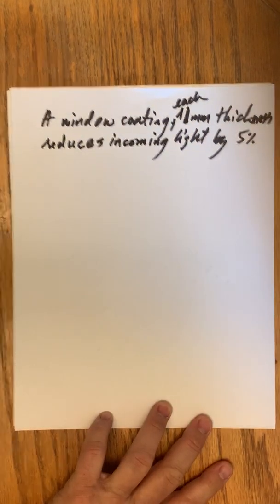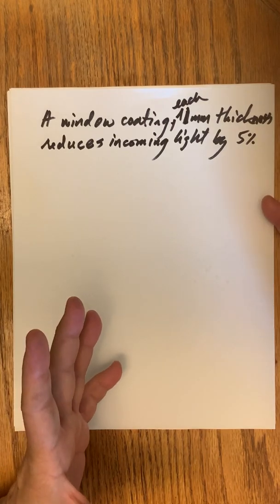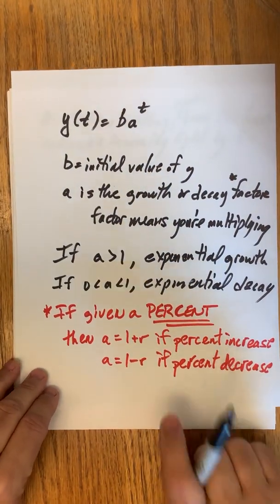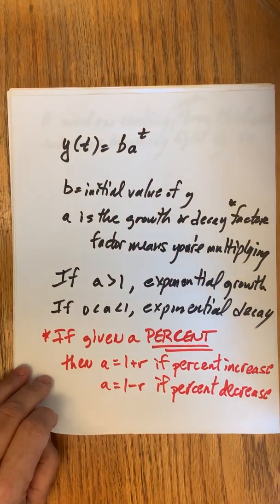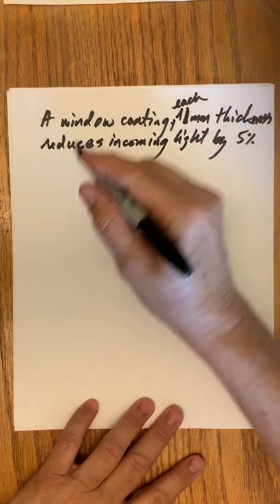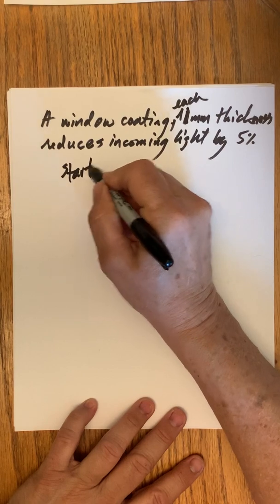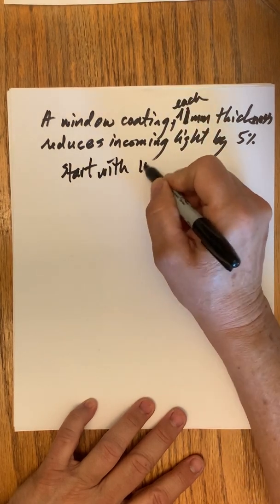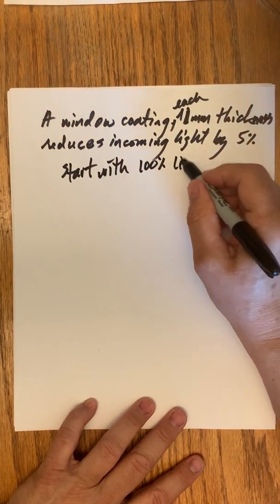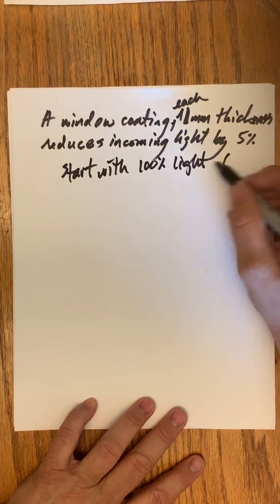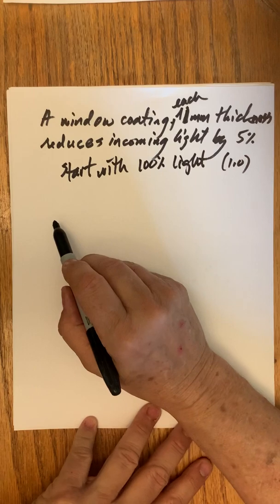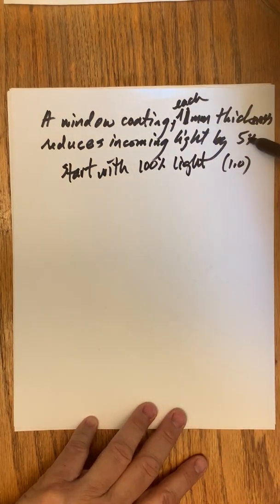Well, again, this is percent, so you're going to say 1 minus r. Now the 1 is the 100% light. So you start with 100% light. And just remember that 100% is 1.0, so you could do that too as a decimal. And what happens is you lose 5%.